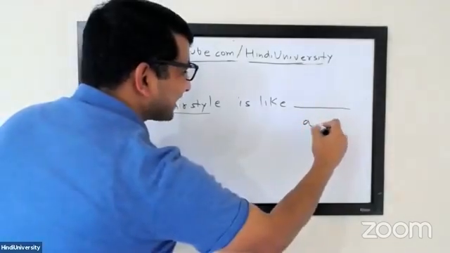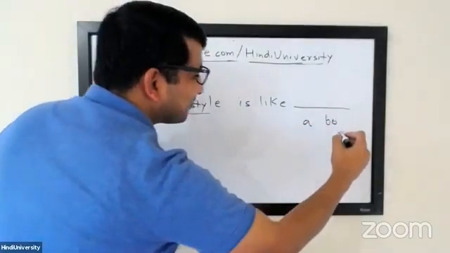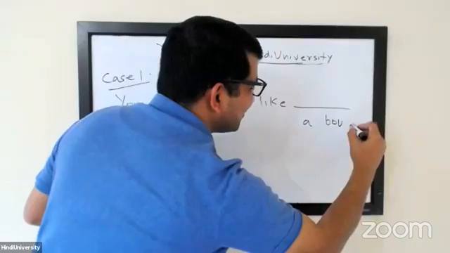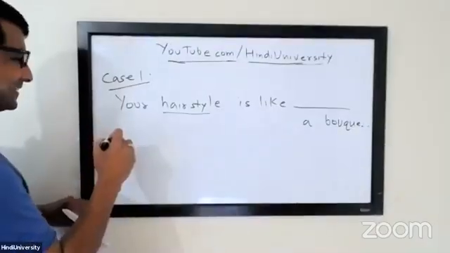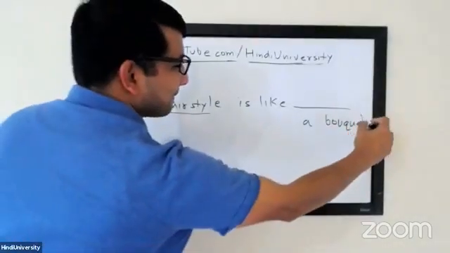Yes, I would. Your hairstyle is like a bouquet. Okay, a bouquet. Now you have to help me, how do you spell bouquet? B-U-Q-U-E. Yes. Okay, go for it. Well, first I'm going to Hindicize it, if I may.